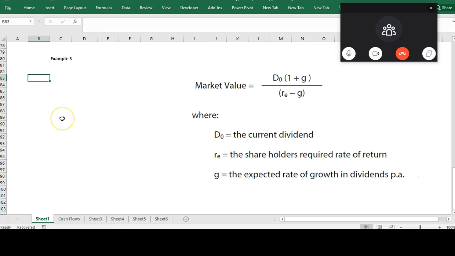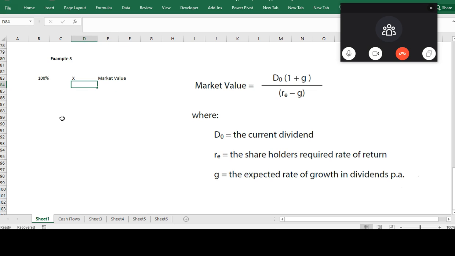We said, if you have 100% of the value, which is the market value, you have X. This is your market value. The market value of your share, this X.